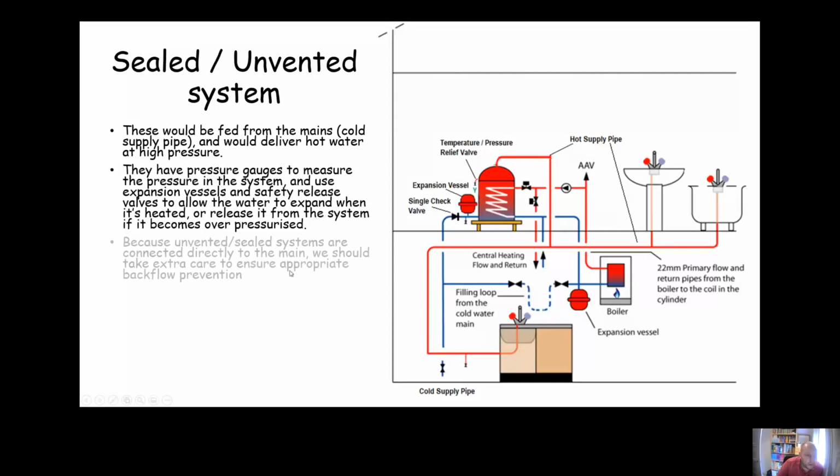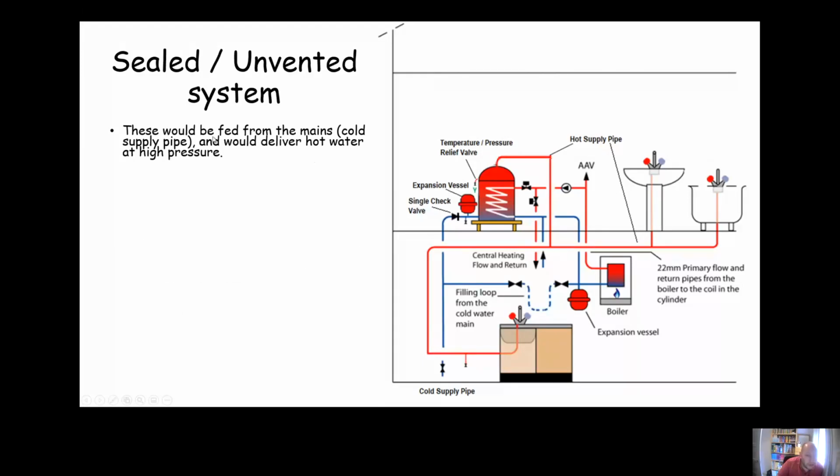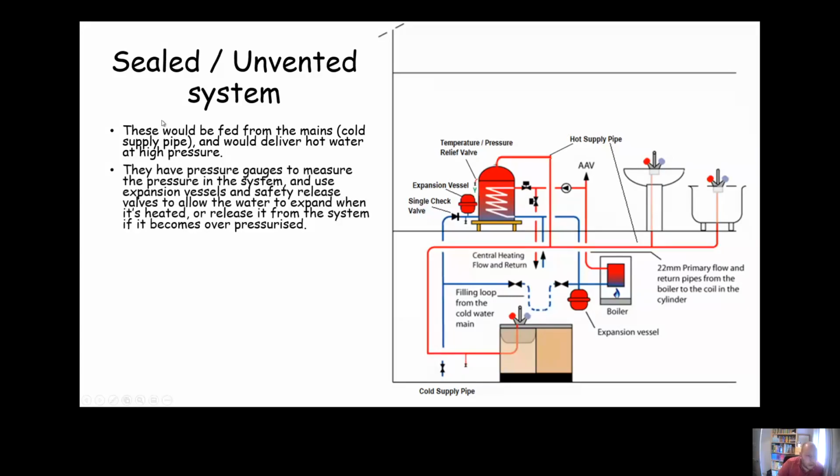Very briefly look at unvented sealed systems. As we know, these are fed from the mains, the cold water supply pipe, and they deliver hot water at high pressure. They're going to have pressure gauges on them, and in the case of sealed heating systems, they'd be filled through a filling loop.